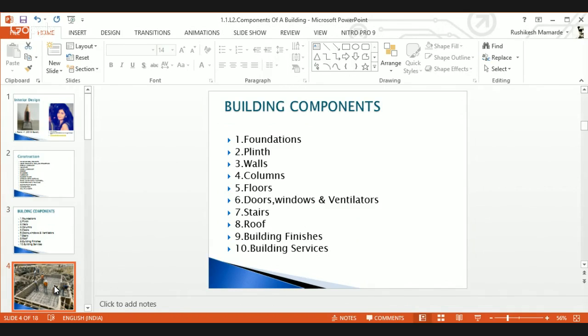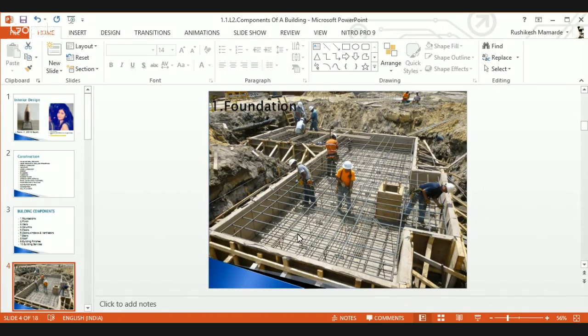First is foundation. You can see here all these people are working on a foundation. You can see bars of steel, iron, and some wooden components, and they have dug out a part and are making something. That is nothing but the foundation.